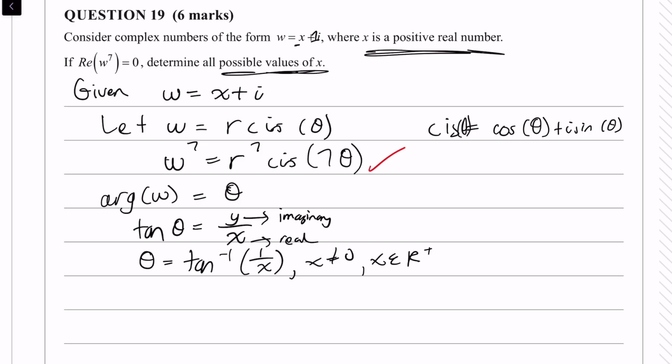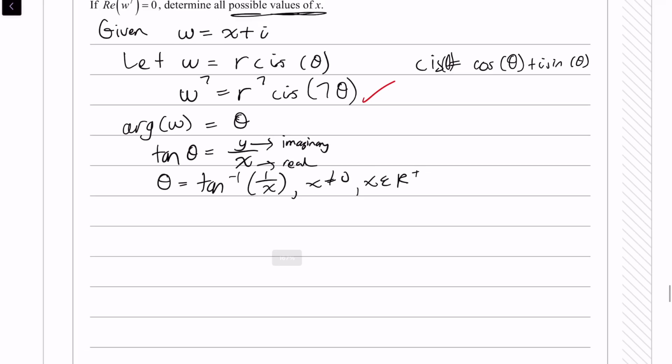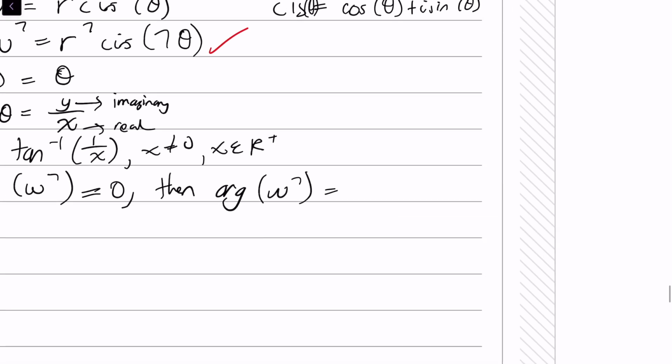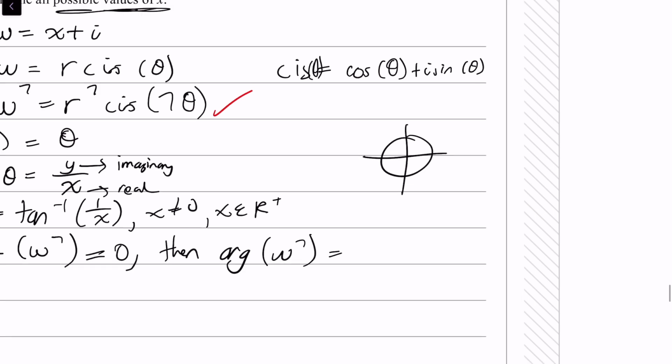So, given that my real component, when I raise my w complex number to the power of 7, is equal to 0, then my argument for that complex number raised to the power of 7 is equal to, and this requires a bit of forward thinking, but if you imagine the unit circle, right?